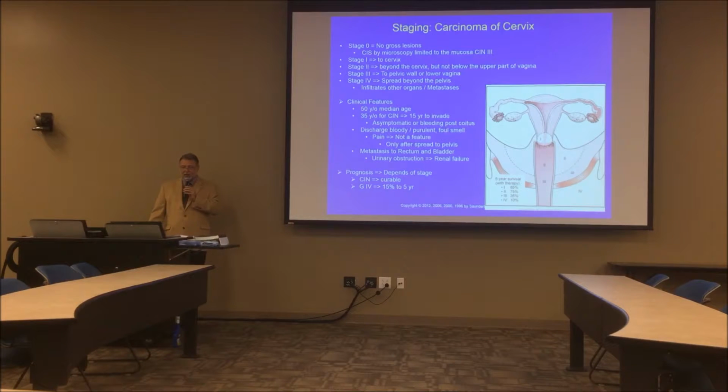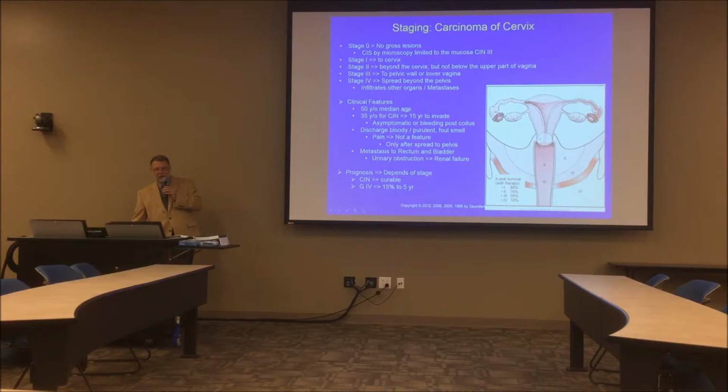So staging, it just talks about the levels where you're going to have from the cervical area, from no gross lesions, having just that in situ, going into cervix for 1, beyond the cervix, and spreading to other organs, metastasis stage 4. Every tumor, stage 4, typically means there's some metastases or infiltrating other organs.